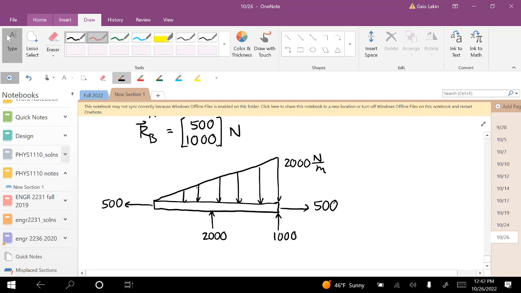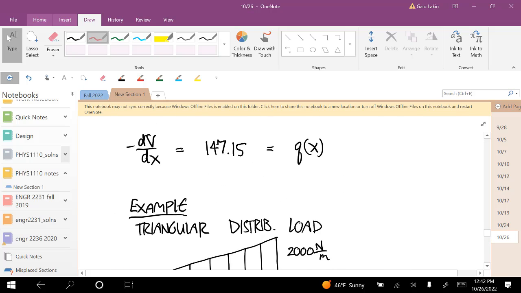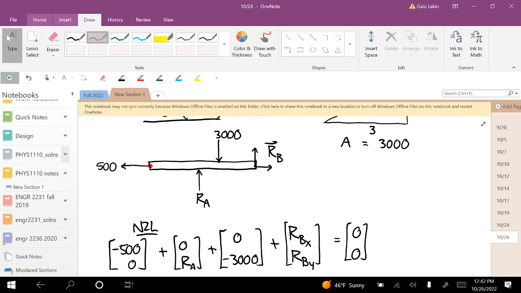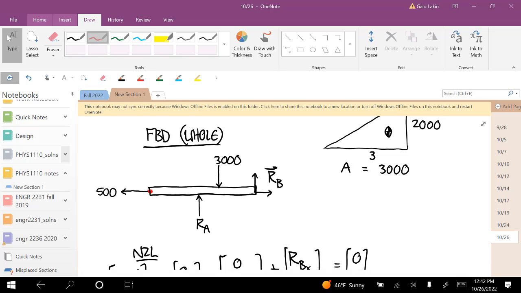And now we can use this to figure out how many cuts we're going to need. Notice that if you used this free body diagram of the whole thing to figure out what cuts you needed, you'd think that 3,000 was a real force and it would mess you up.